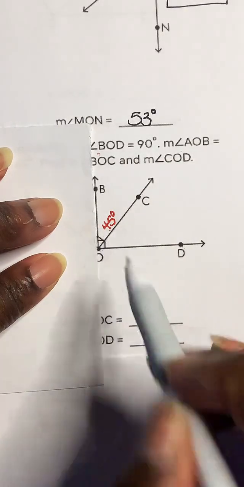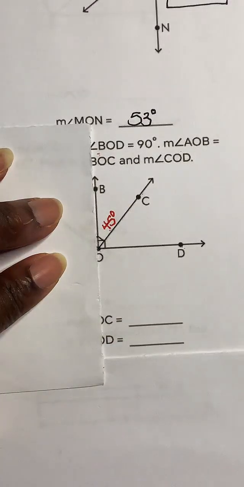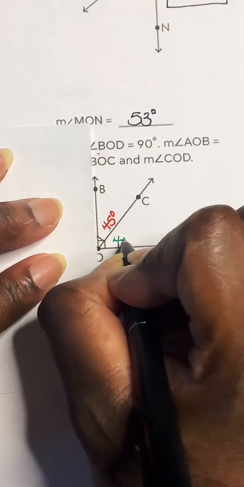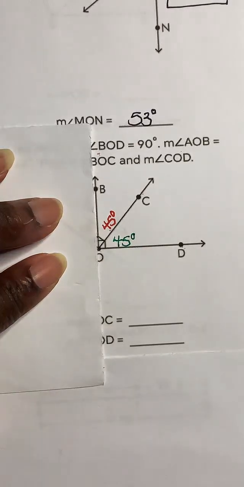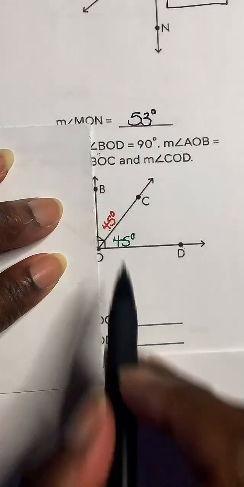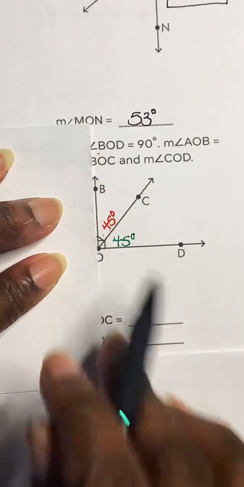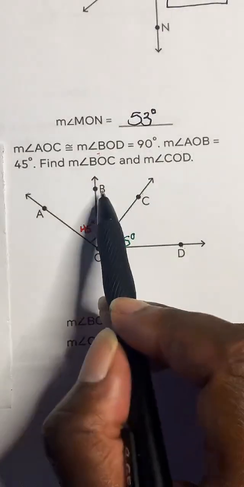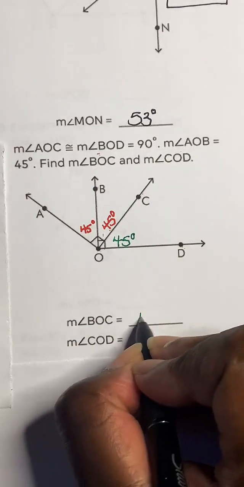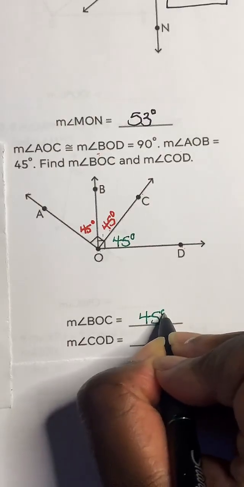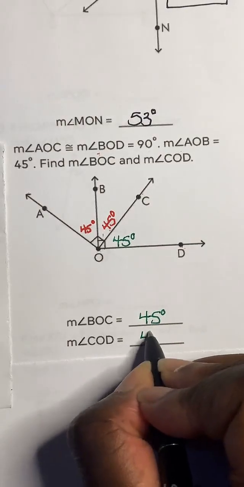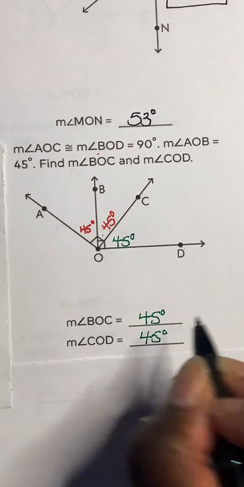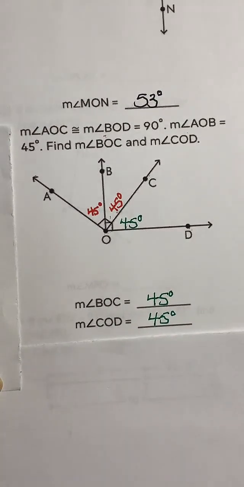So if that's 45, that means this, let me change colors, is also 45 degrees, because we have a set of complementary angles. So the measure of angle BOC is 45 degrees, and the measure of COD is also 45 degrees.